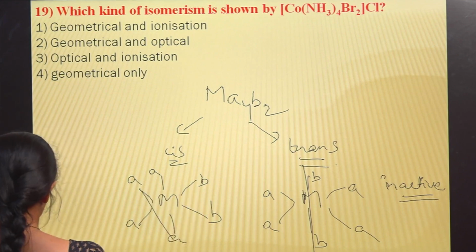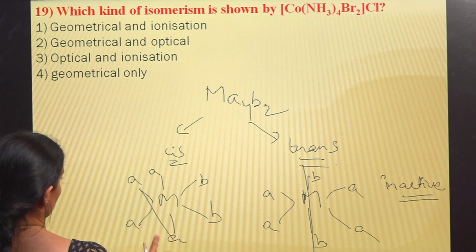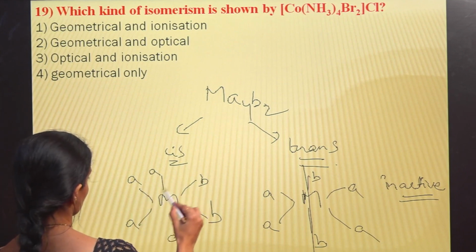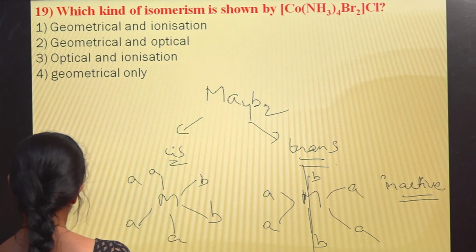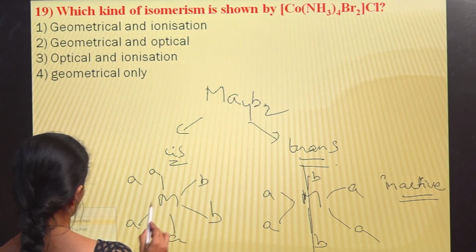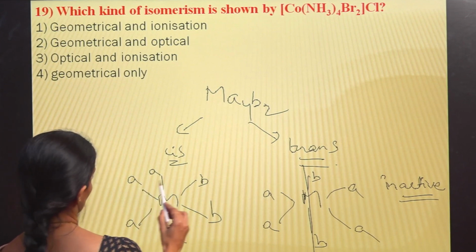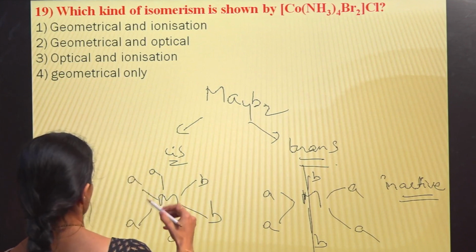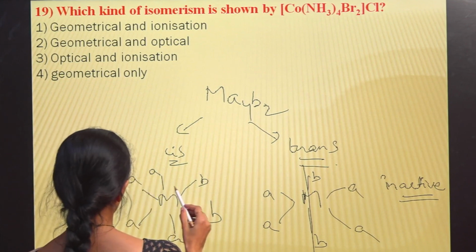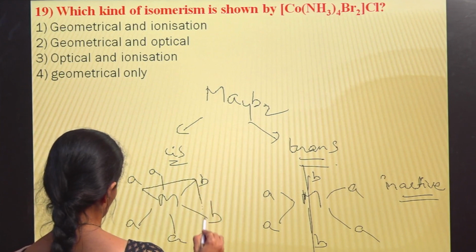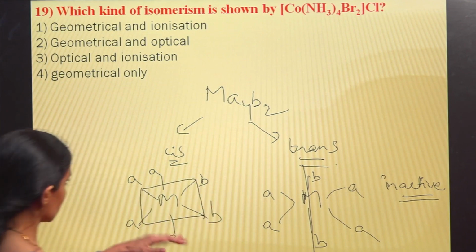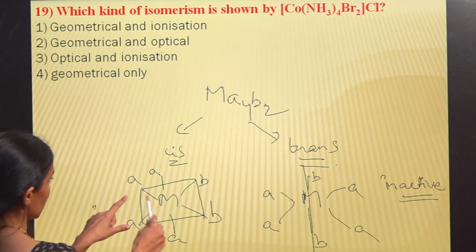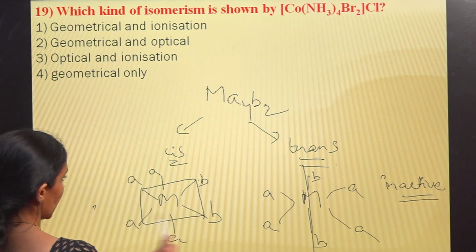You can have a plane like this, okay? This particular plane which involves M, A, B, A, B, okay?